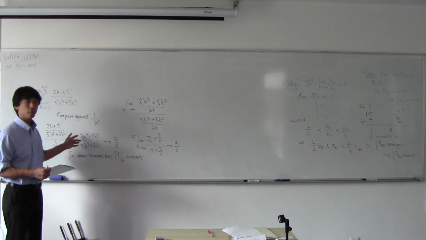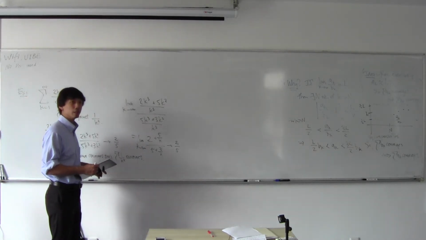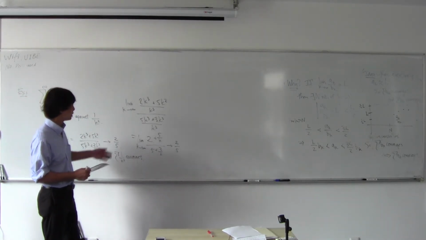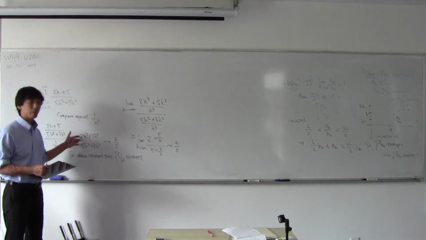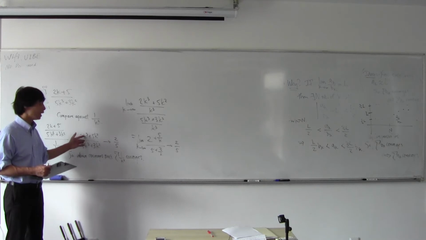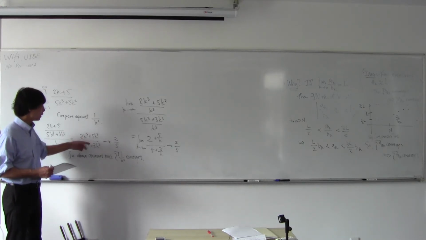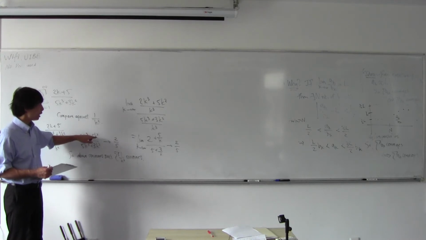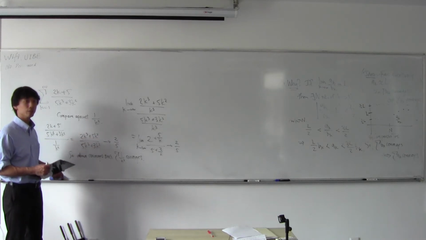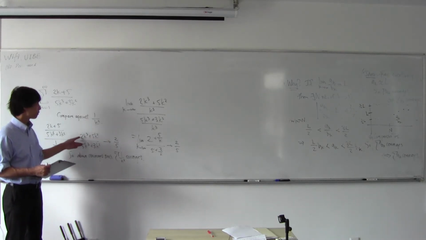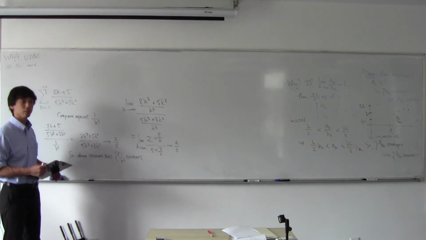Do you see that? This is a typical trick. If you have a rational function, you divide the top and bottom by the highest power. The highest power is k cubed, so I divide the top and bottom by k cubed. I get 2 plus something that vanishes, and 5 plus something that vanishes.